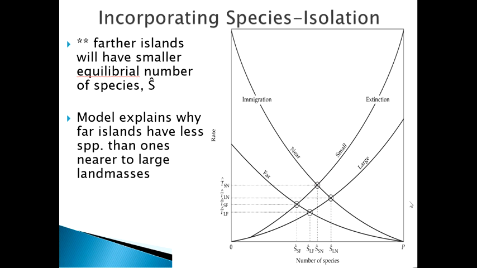And here then we show that farther islands will have a smaller equilibrial number of species. So here's a far island, and where it intersects either the small island or the large island, notice it is deflected to the left, closer towards zero. Then the opposite is true for nearer islands.